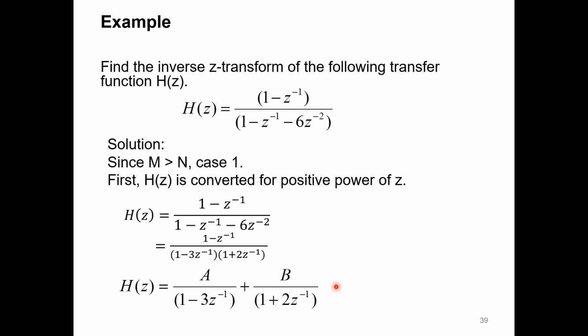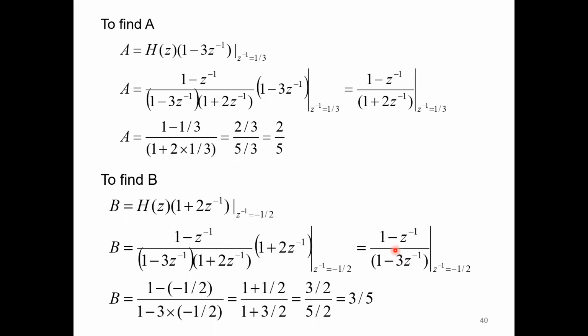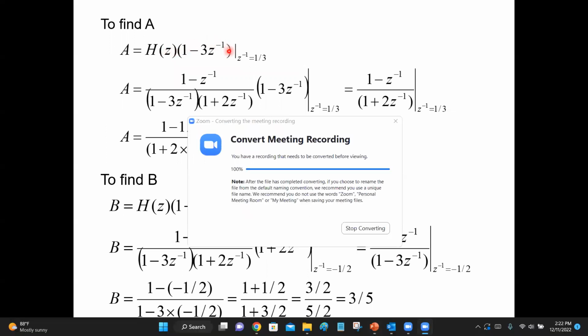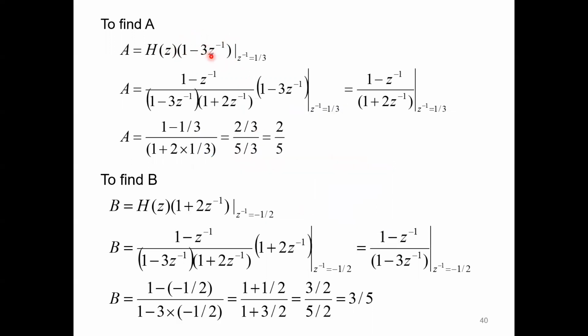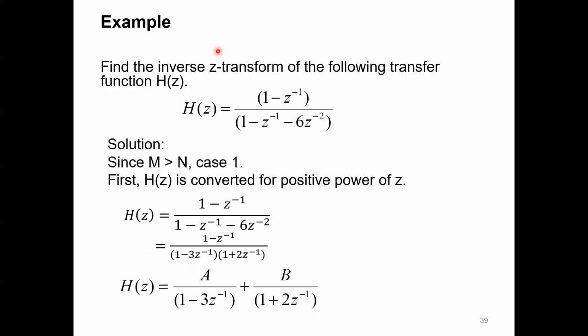All right. Now the next step is how to calculate A and B, and for that we use the partial fraction cover-up method. So this is the cover-up method in action. To calculate A, you get your entire expression H(z) and multiply with that single pole denominator, that is 1 minus 3z^-1, the first one.